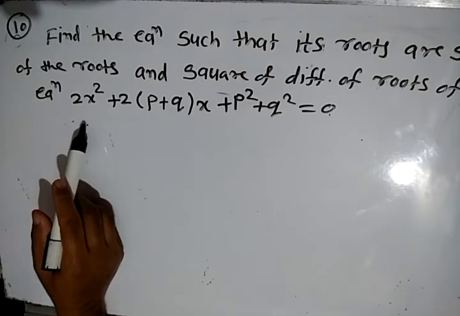We have to find the new quadratic equation whose roots are the square of the sum of the roots. One root is the square of the sum of the roots of the given equation, and the second root is the square of the difference of the roots of the given equation.